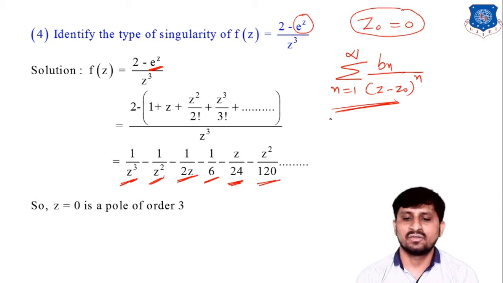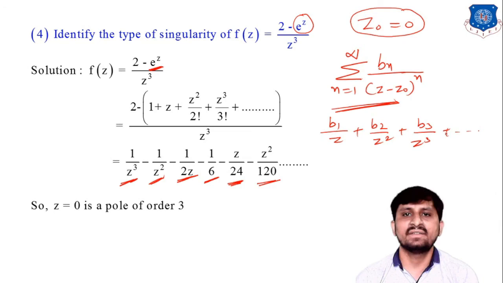Okay, so first of all, b1 upon z plus b2 upon z square plus b3 upon z cube and so on. Are there infinitely many terms? No, there are only finitely many terms. Okay, 1 upon z cube, 1 upon z square and 1 upon z, right? We don't have any other term like 1 upon z raised to 4, 1 upon z raised to 5 and so on. So there are only finitely many terms. So that's why z equal to 0 is a pole of order 3.